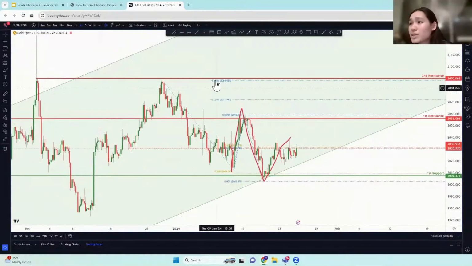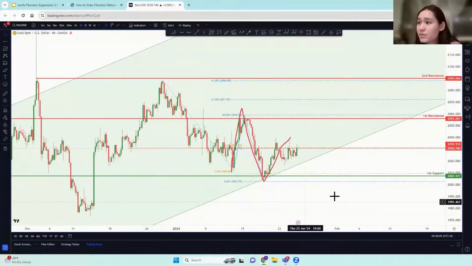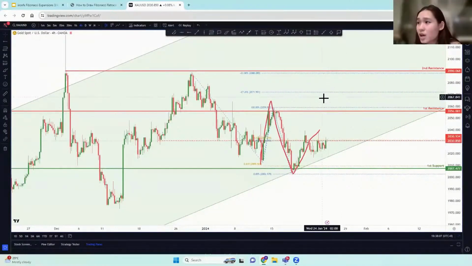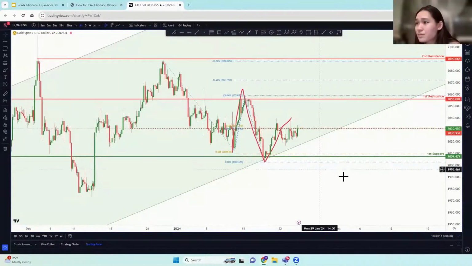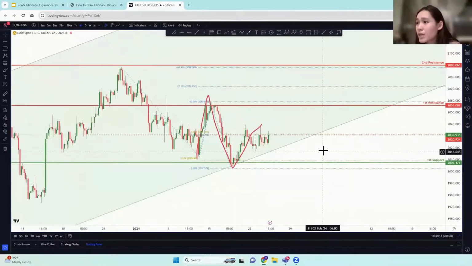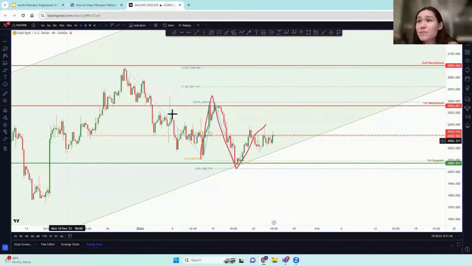But my minus 61.8 lines up nicely with my second resistance. So I'm still going to keep this level just in case price bounces off of that level. But for now, we are going to see price testing our intermediate resistance first, and we're expecting it to continue to move up towards our first resistance.